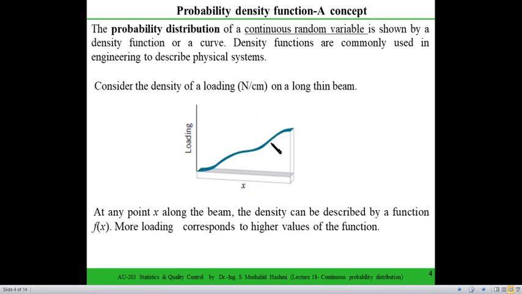So here, as x increases, the amount of loading is increasing.